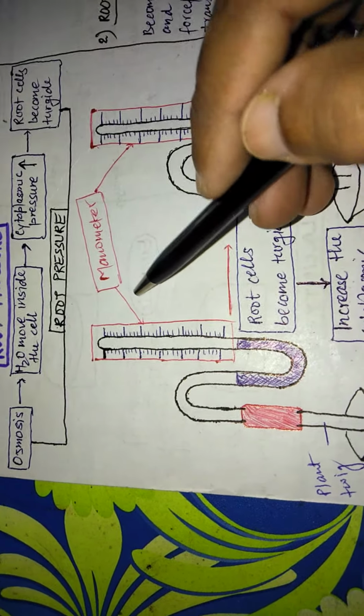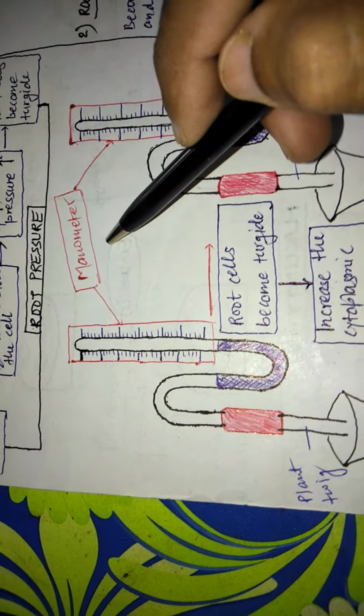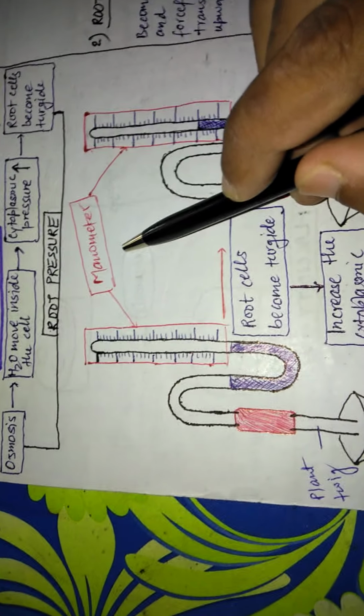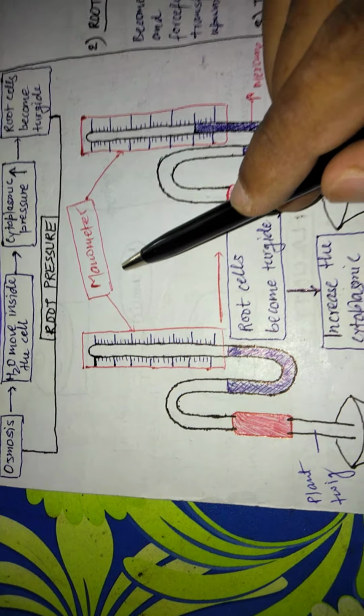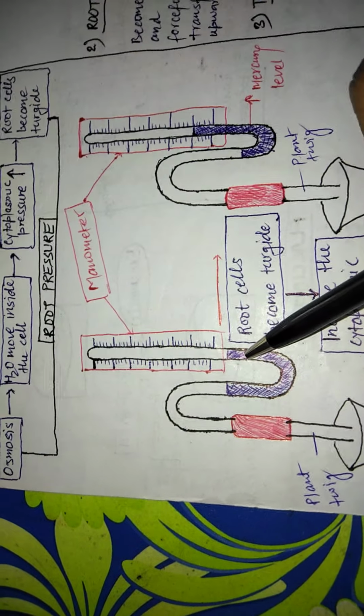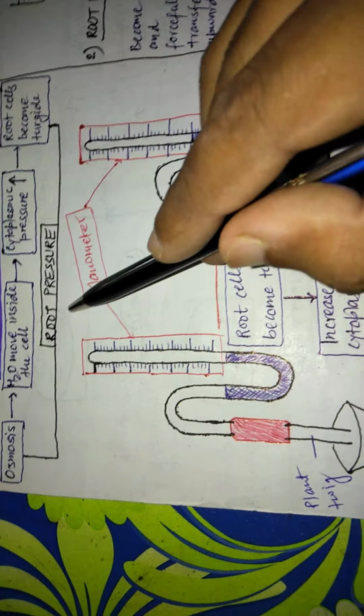A manometer is a device mainly used to measure pressure, and here it measures the pressure generated in the roots or root hair cells, that is, root pressure.